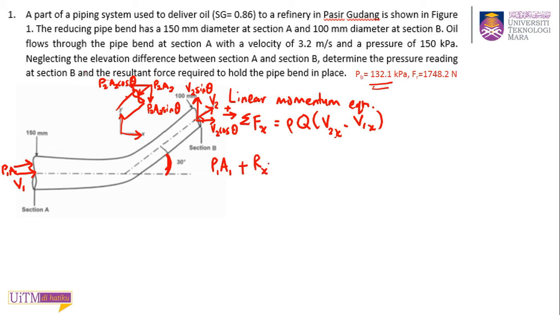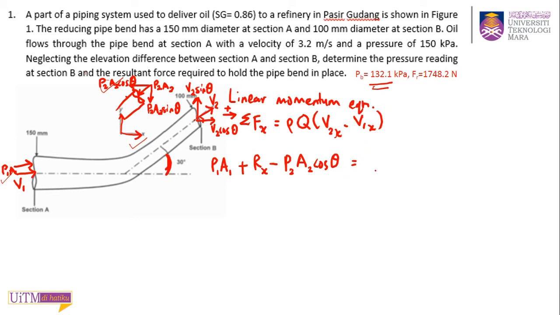And then you have the P2A2 cos theta in the opposite direction, so this will give minus P2A2 cos theta. There's nothing else left, P1 is done, Rx is taken, and P2A2 is also done, all in your x direction.